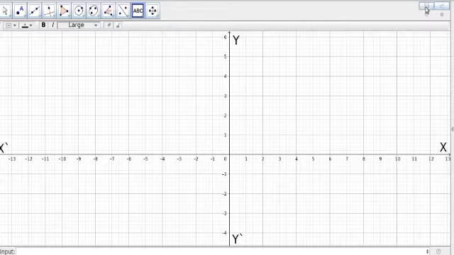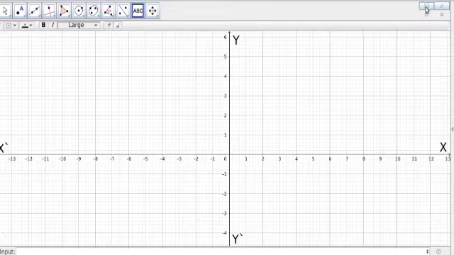That is, we represent the position of a point in an ordered pair, that is, coordinates. We use two numbers to represent the position of a point.